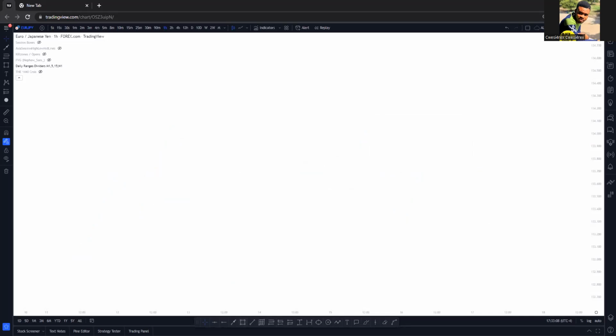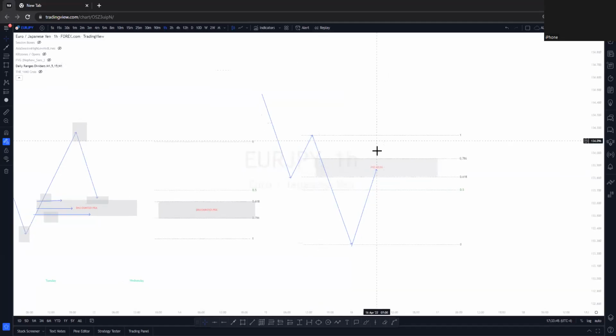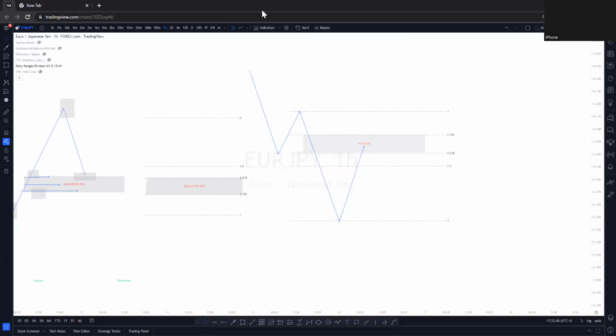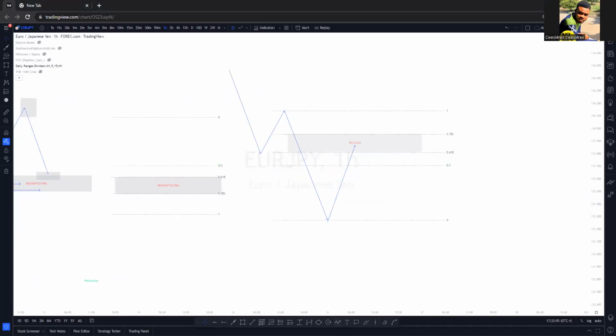So I've explained that within the H4, within your premium price is where you are always going to look for your continuation or your point of interest, right?